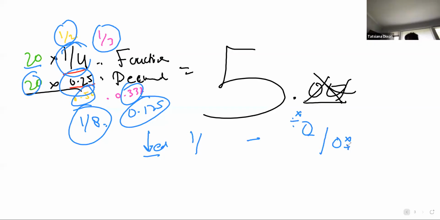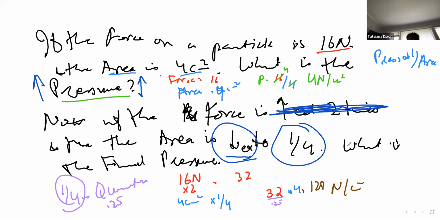So if the force increases 2 times, that means the new pressure will increase 2 times, right? And then the area decreases to 1/4. It means the new pressure will increase 4 times.